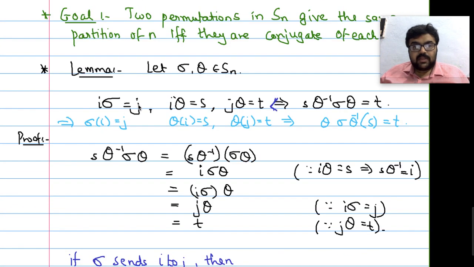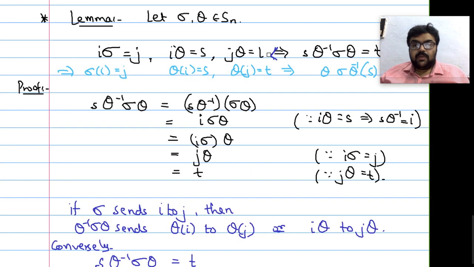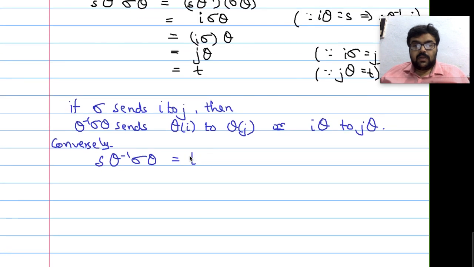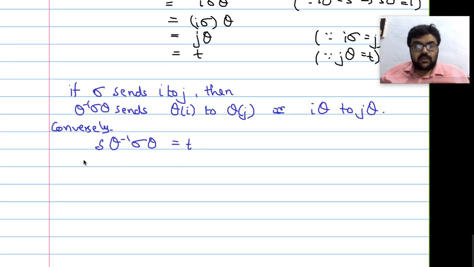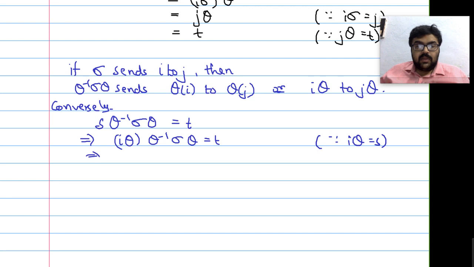Sigma sends I to j, we can say that. So let me not use this. Suppose this is t, so then s equals I theta, theta inverse sigma theta equals t, since theta of I equals s. But then this is theta theta inverse, so this is I sigma and theta and t.